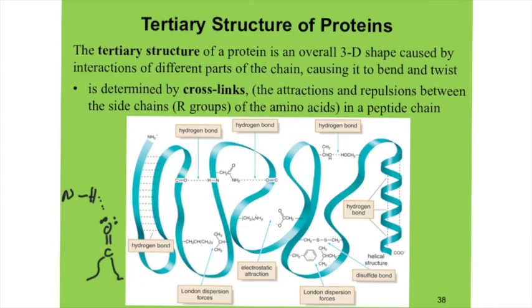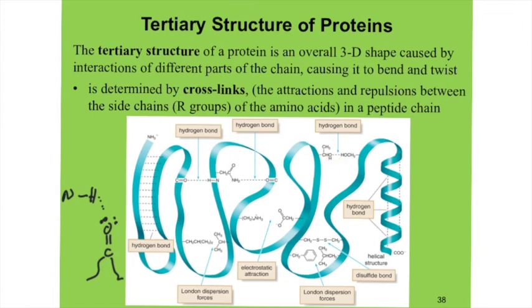Okay, so those are very nonpolar amino acids, and again you have those hydrophobic interactions, or we can call them London dispersion forces. Here we have a disulfide bond between two cysteine residues. And this one's showing hydrogen bonding between the hydrogen on a serine and the lone pair of electrons on a threonine.